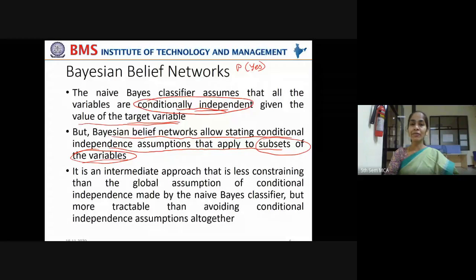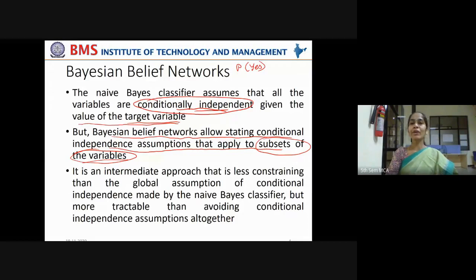In Bayesian belief networks, we need not rule out the conditional independence assumption entirely. For some subsets of variables, we can assume conditional independence, and for other subsets, we can assume they are conditionally dependent.